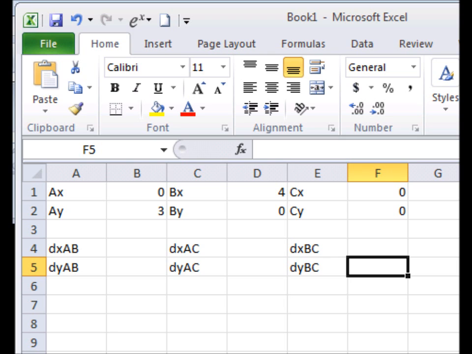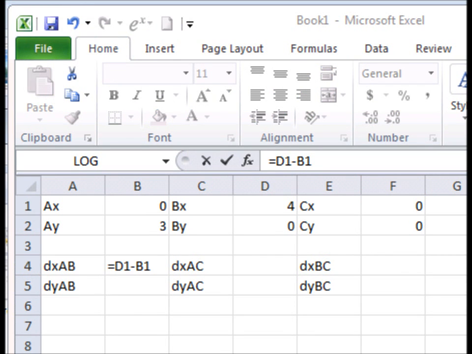So again, to determine the slope of a line, we need 2 pieces of data: the change in x over the length of the line and the change in y over the length of the line. So to determine the slopes of the 3 lines, we start by putting dx and dy for each of the 3 lines.